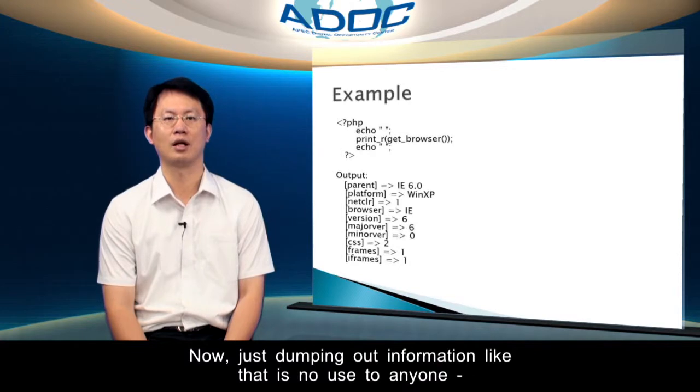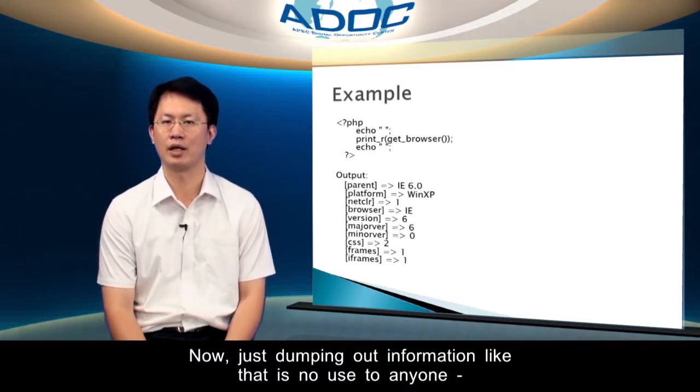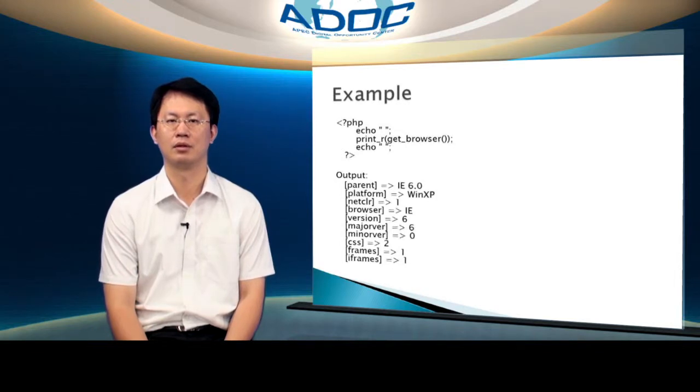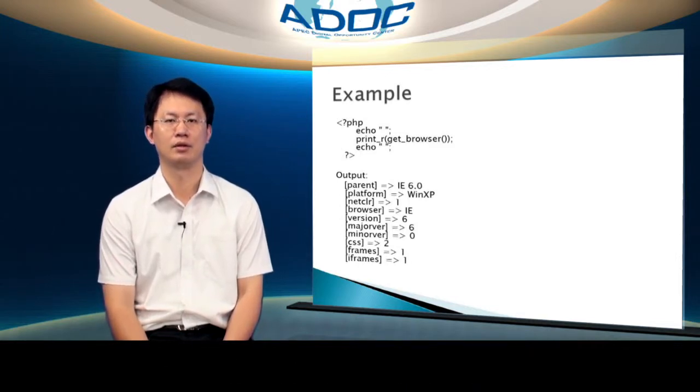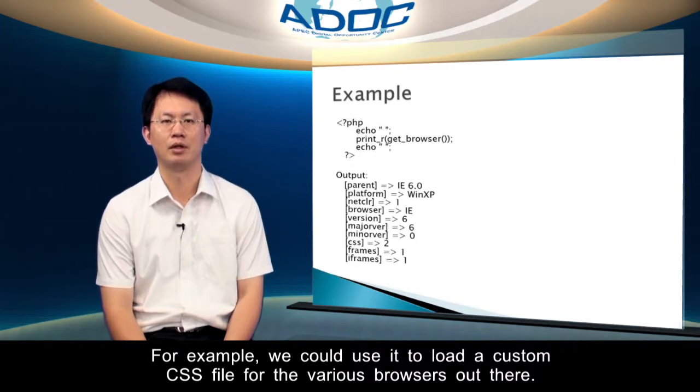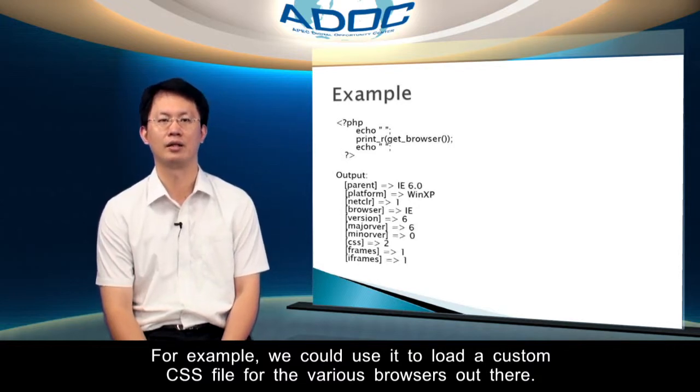Now, just dumping out information like that is no use to anyone. What you really want to do is to actually use that information in a smart way. For example, we could use it to load a custom CSS file for the various browsers out there.